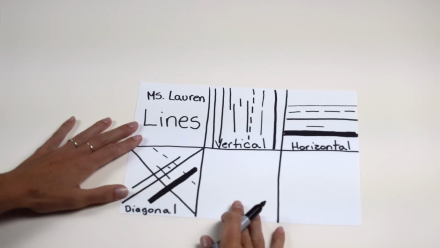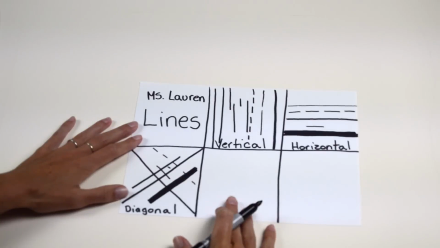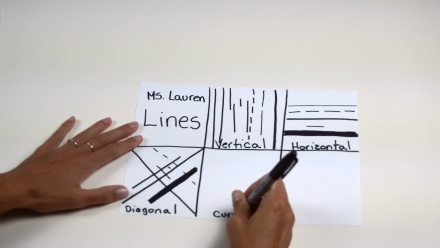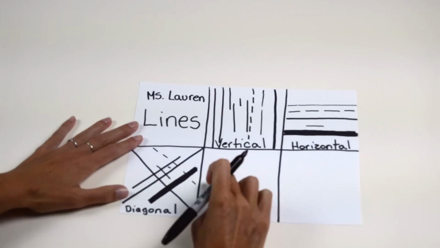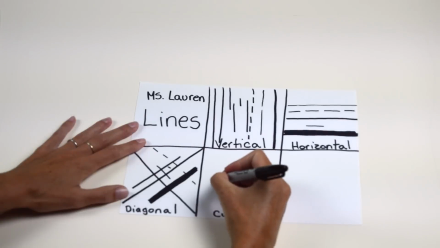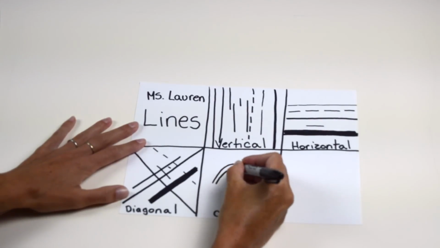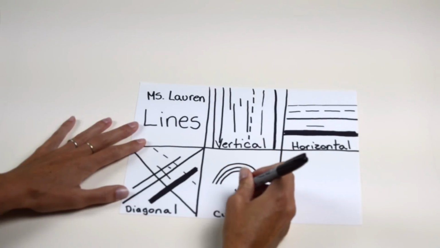Then in the next box, we're going to practice one of my favorites, and it's called the curve line. A curved line is fun. I think of it as like a rainbow, right? So you can have lots of curves. Or this is kind of a fancy line, some people call these fancy lines.